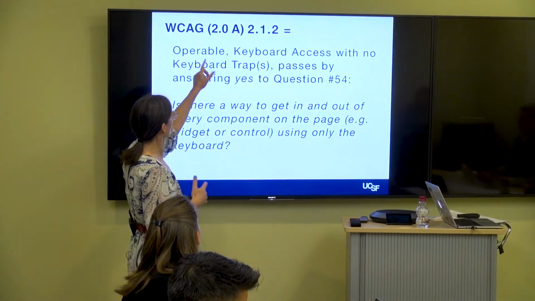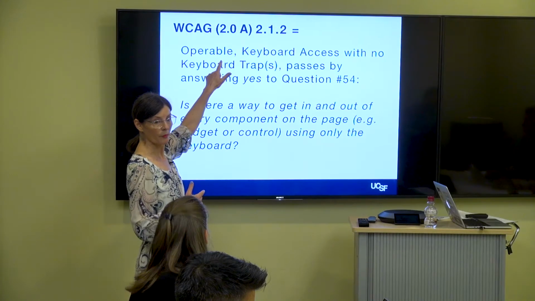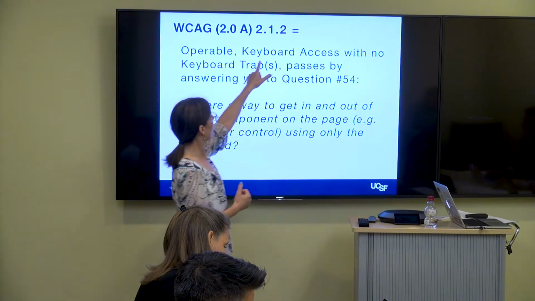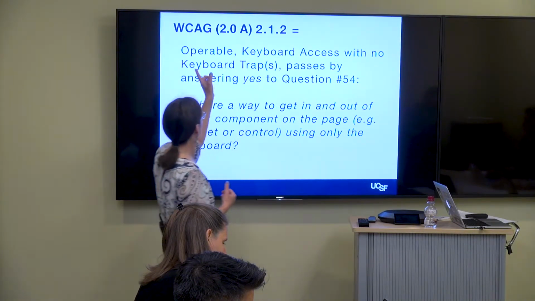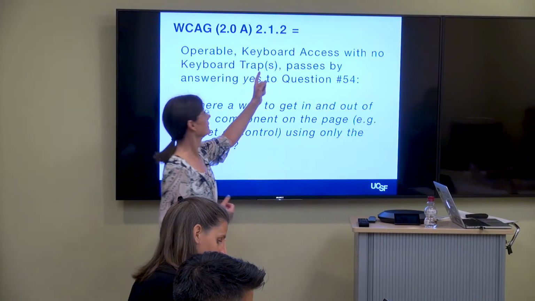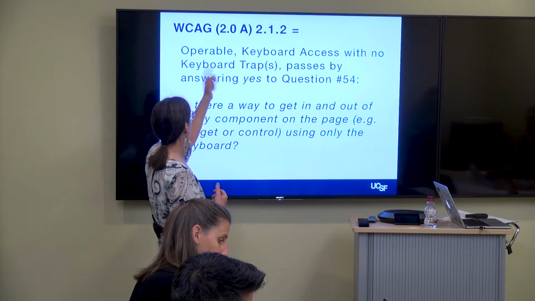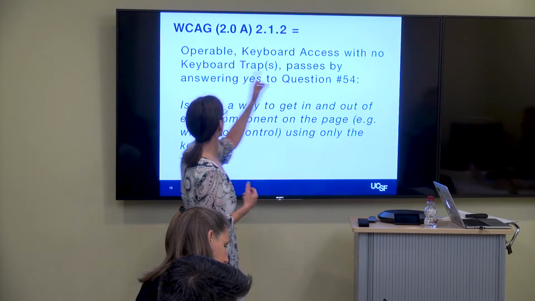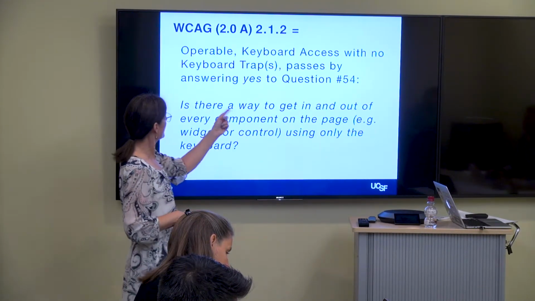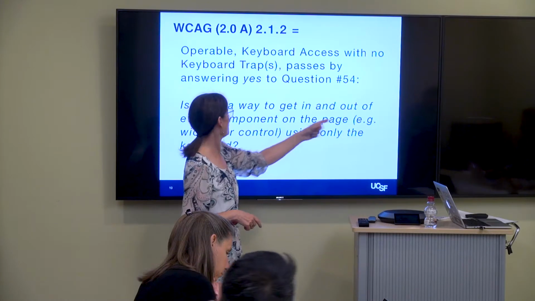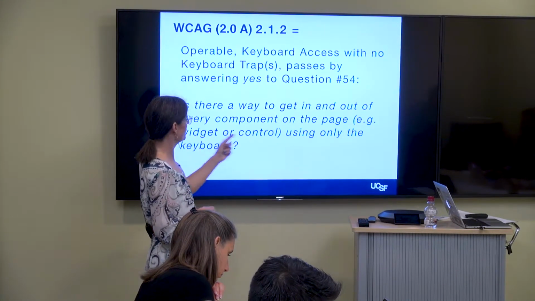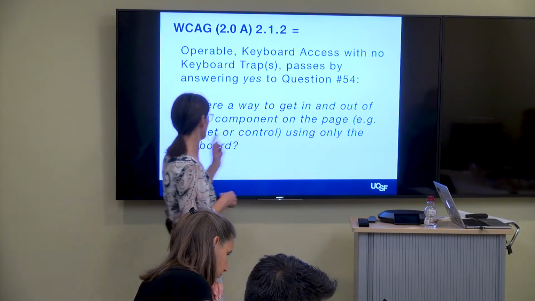So the first one is the principle, operable. So we're talking about an operable thing: keyboard access with no keyboard traps. That's the guideline. Is it keyboard accessible with no keyboard traps? It passes by answering yes to question number 54, which is: is there a way to get in and out of every component on the page, for example a widget or control, using only the keyboard?